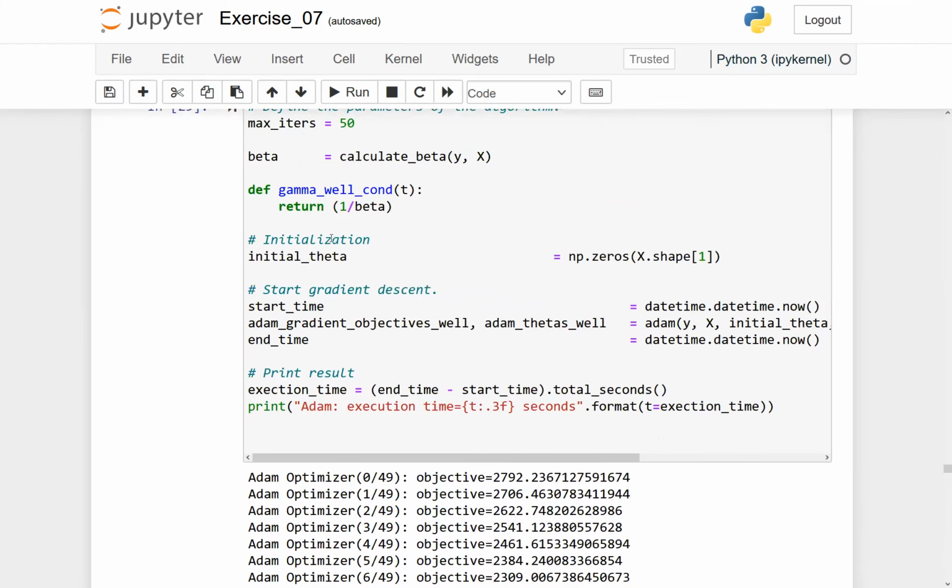For instance, so what is it? It's 0.1 already. I guess if you choose something bigger, the convergence is higher.